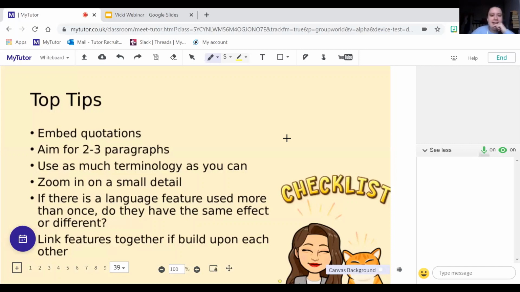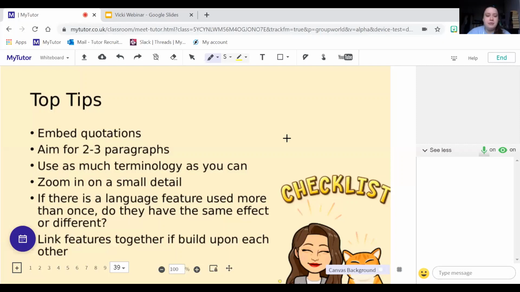Are there any techniques the examiners really like? Is it better to link techniques together or keep them apart? Good question. I would say there isn't a particular technique that there is a preference for. I think there are ones that are more difficult.